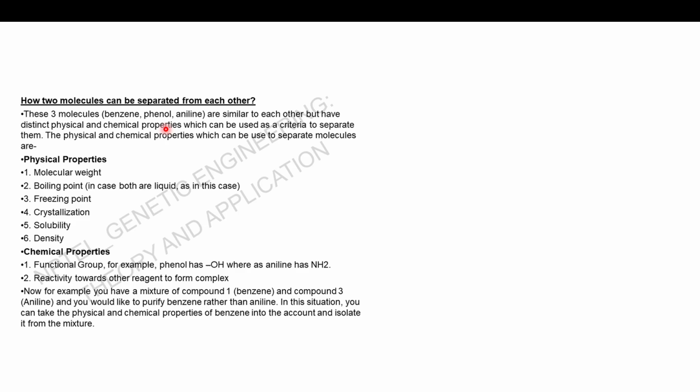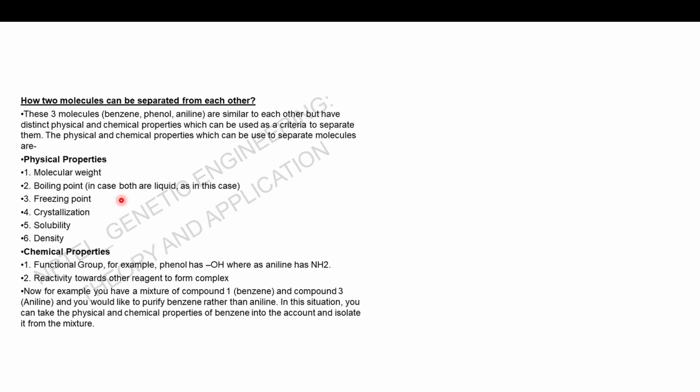And these differences can actually be exploited to separate these molecules from each other. The physical properties can be the molecular weight, the boiling point. When the analyte in question is a liquid and the complete mixture is a liquid as well, the one with the lower boiling point will evaporate.